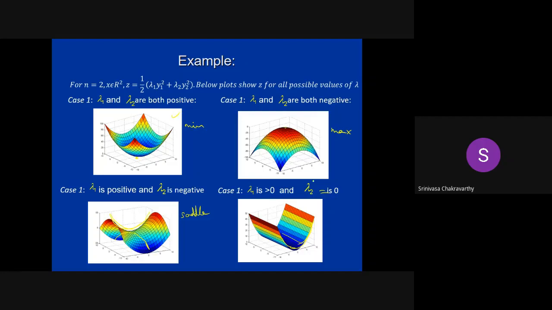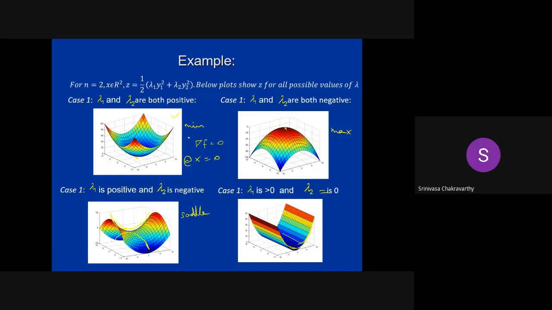So what is interesting is, even in 2 dimensions, the shape of a function around a point where gradient is 0 can differ. There are all these points where you can see that gradient is 0. That is where del of f is 0 at x equal to 0. So in all these cases, that is true.